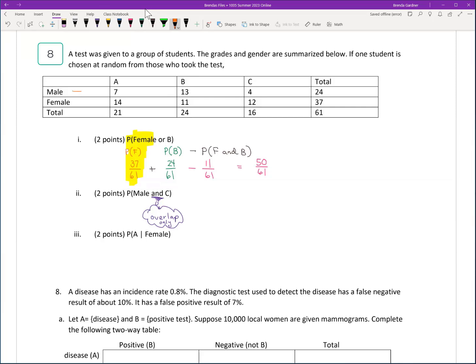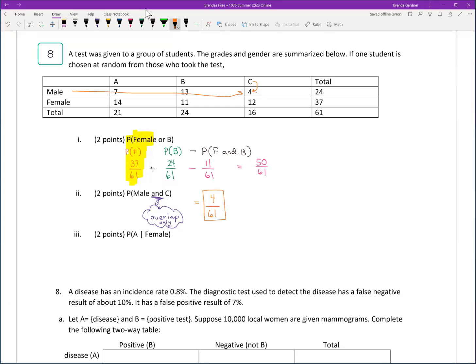So I'm going to look for the row of male and the column of C, and that's it. That's my numerator. So I'm going to put 4 out of 61. So, and is only the overlap, while or includes everything, then take off the overlap.